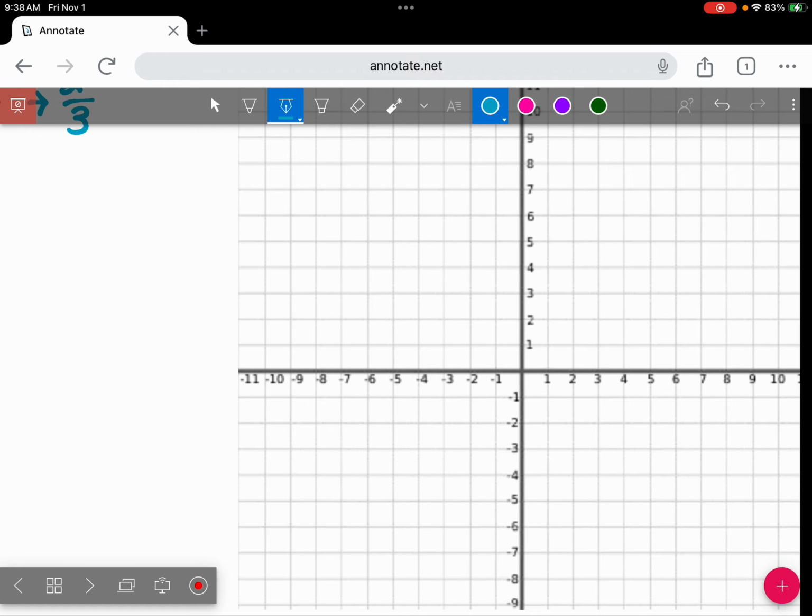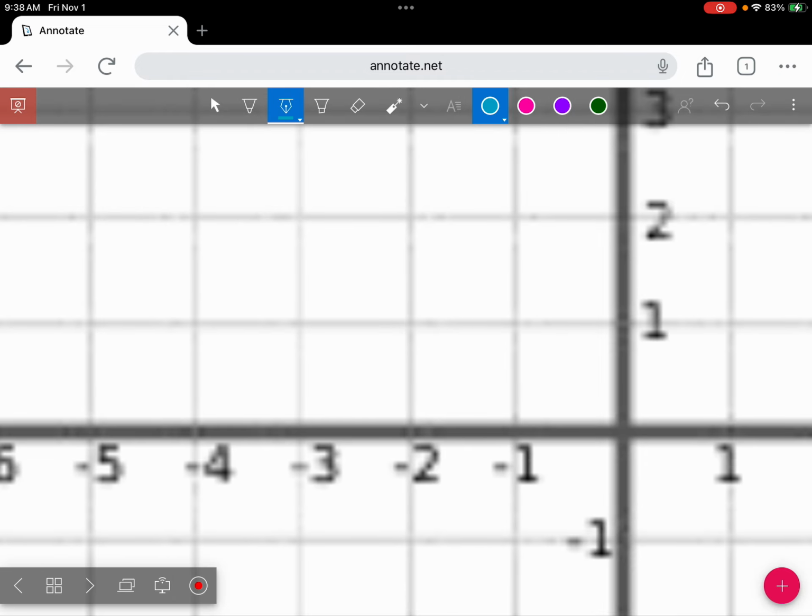So when we are graphing discontinuities, at -2 and 2/3, that's where we're going to have an open circle. We're going to have a hole. And we're just kind of eyeballing it. It's somewhere between our 0 and 1, right on our -2.